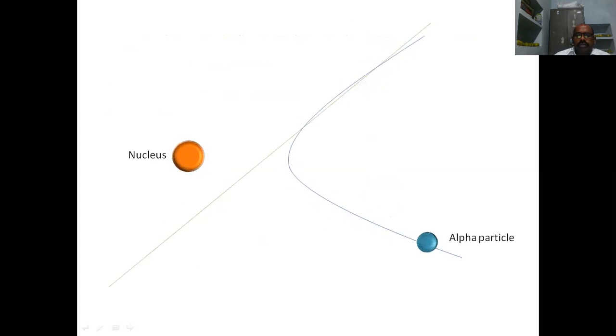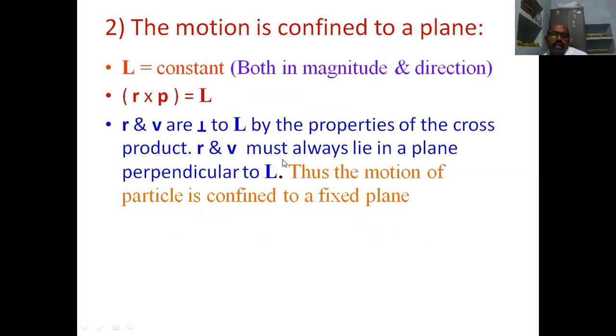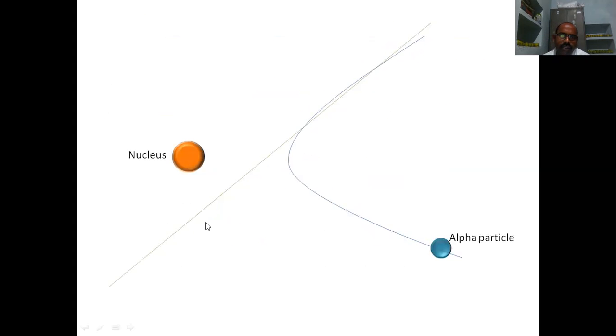So it is the motion of an alpha particle. If it is the nucleus and the alpha particle is moving just like this, it is approaching, so it moves faster at this stage as it approaches the nucleus, and it changes its direction because of the repulsive force.